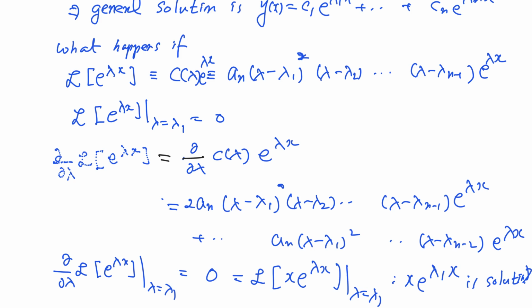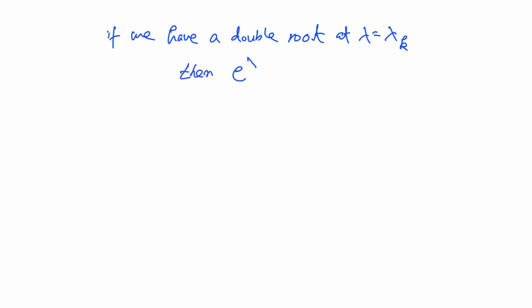So if we have a double root at lambda equal to lambda k, then exponential lambda k x and x exponential lambda k x are solutions.